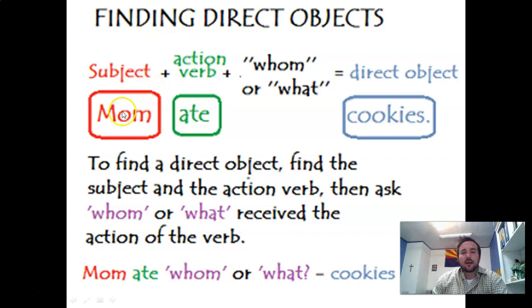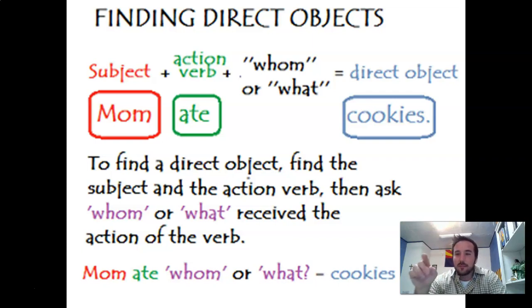Here's a sentence. Mom ate cookies. Okay? So, let's find the subject first. Who or what did something? Mom. What did she do? Ate, right? Those we know. Subject, mom; ate, verb. Now, mom ate what? Cookies.